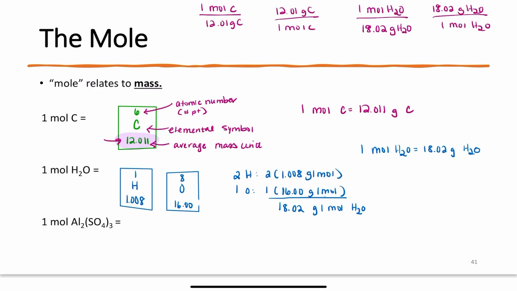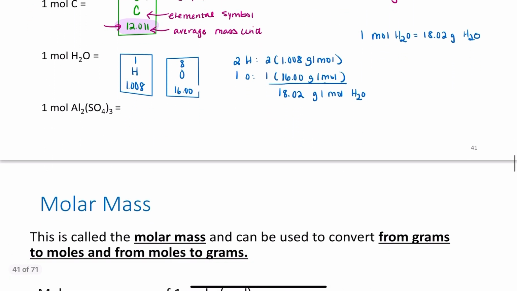What if I look up at the one down here? Aluminum sulfate. Let's go ahead and, I gotta move this screen up a little bit. Let's go ahead and add this up. If I look up aluminum, 2 aluminums would be 2 times 26.98 grams per mole. Again, I'm getting that 26.98 from the periodic table itself.